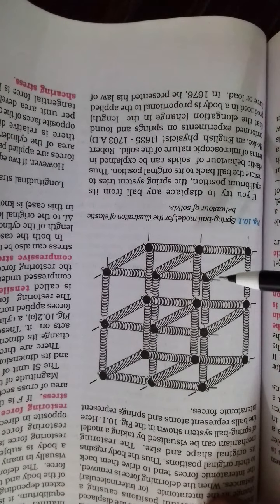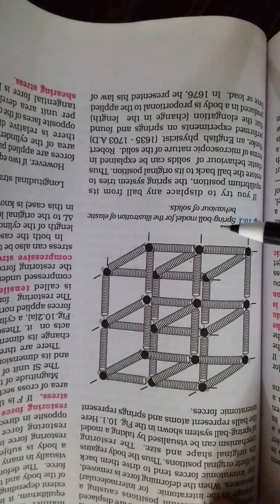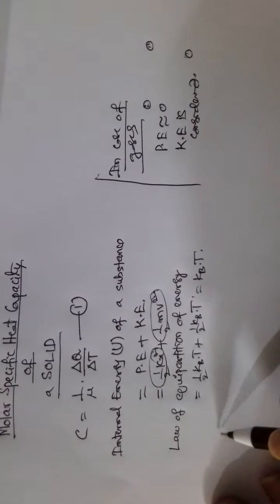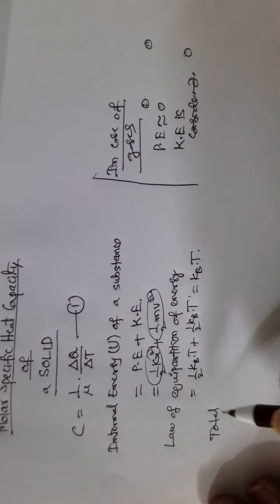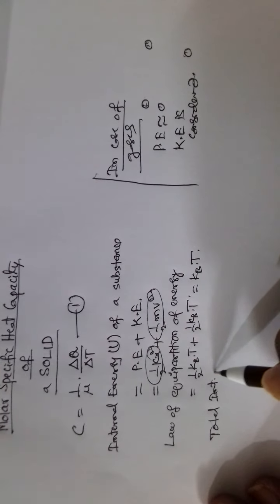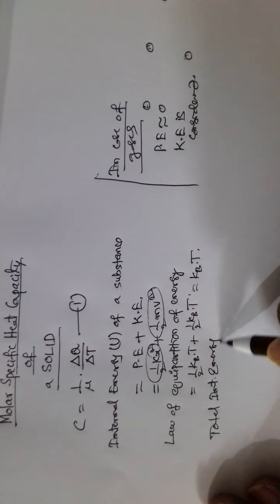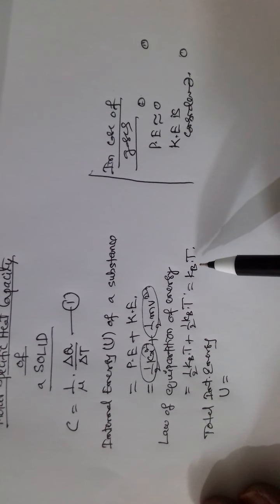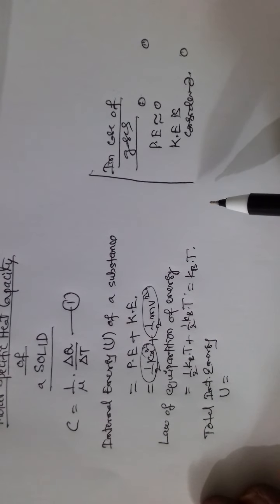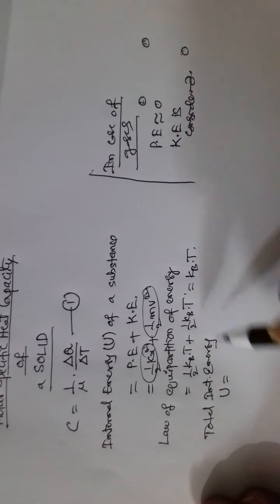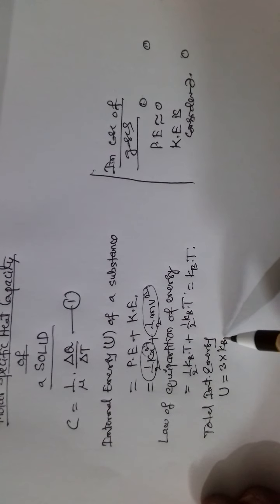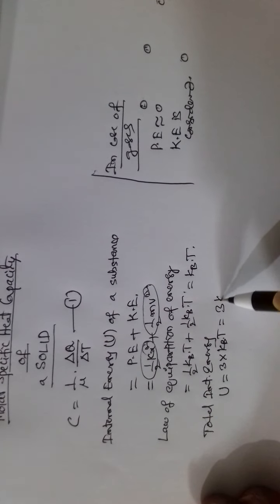The atoms are spread along the three dimensions. Therefore, the total internal energy for a solid, for all the three dimensions, is 3 into kBT, that is 3 kBT.